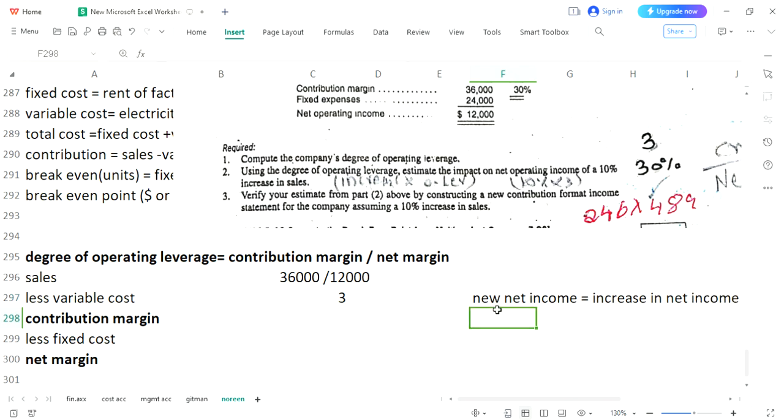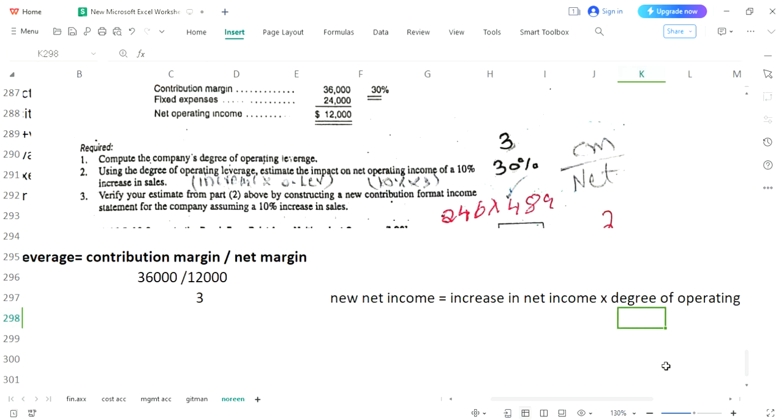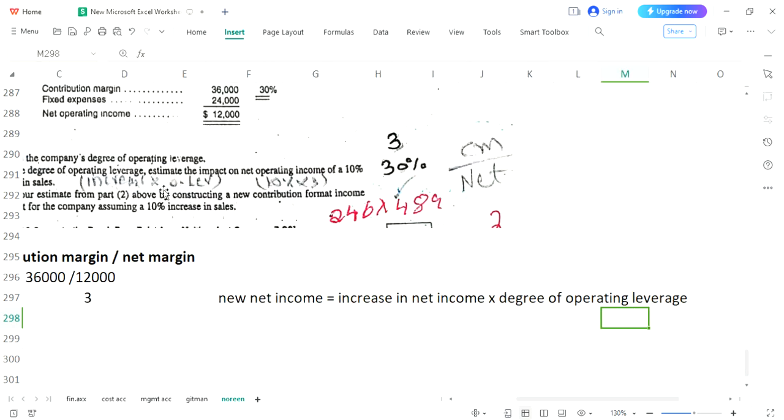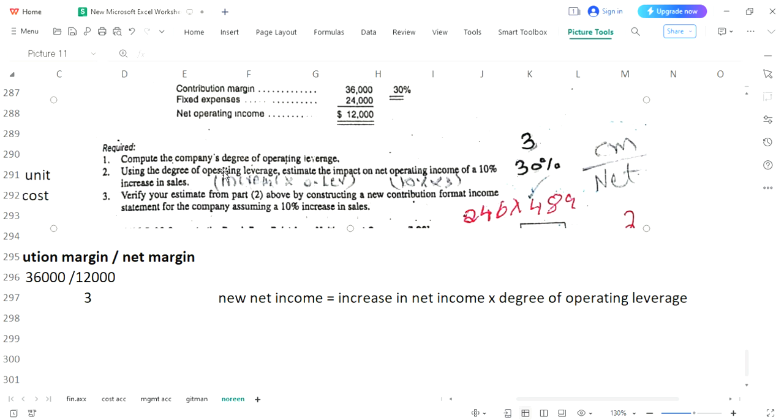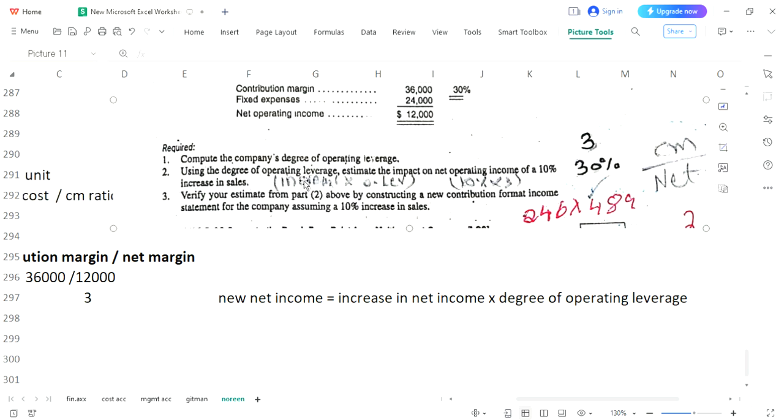This is your formula for the impact. What was said in the question? Using the degree of operating leverage, estimate impact on net operating income.